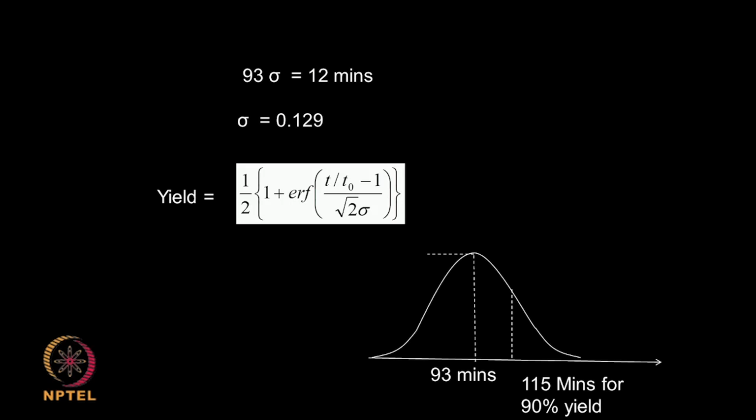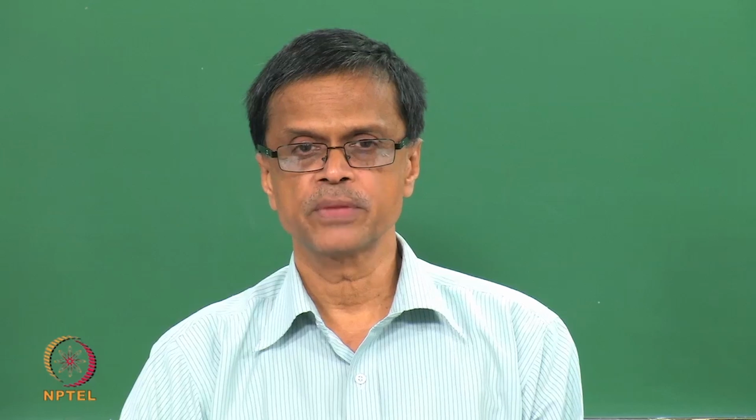These calculations are very useful even in large scale industrial plants. Of course, there are some underlying assumptions in these calculations, and you cannot help them, but these equations are very useful for you to use. So, T is 115 minutes.